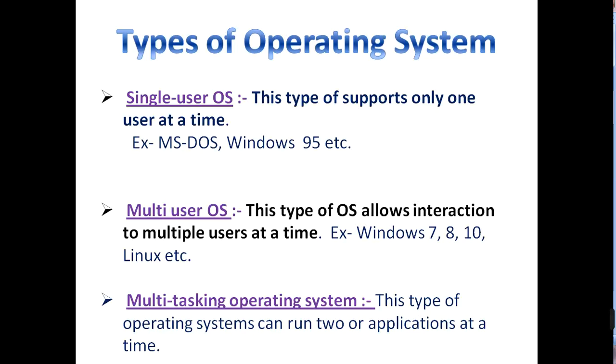Next is your multi-user OS. So you can see here multi-user representing multiple users can work at a time in this type of operating system. For example, you can see N computing system employing Windows 7, 8 and 10 in a computer.